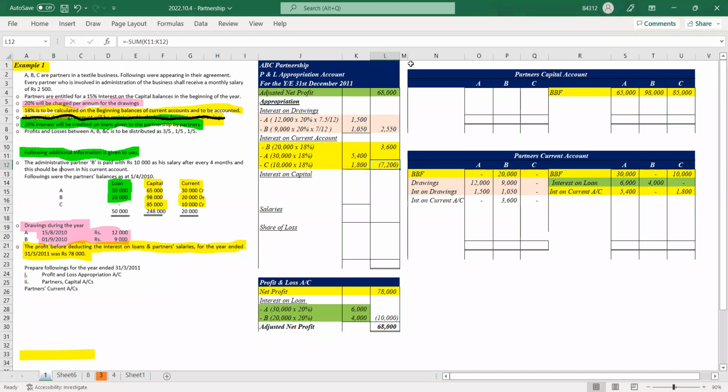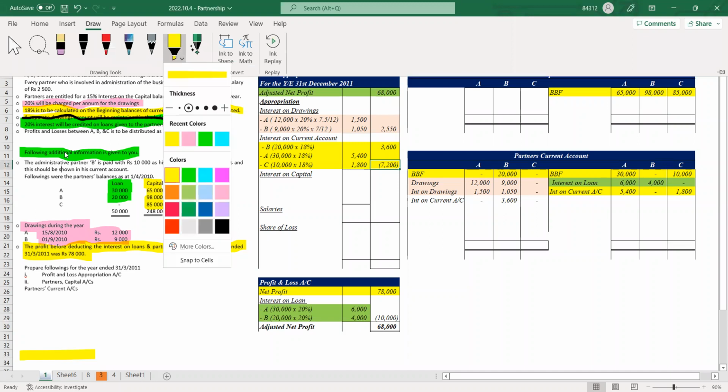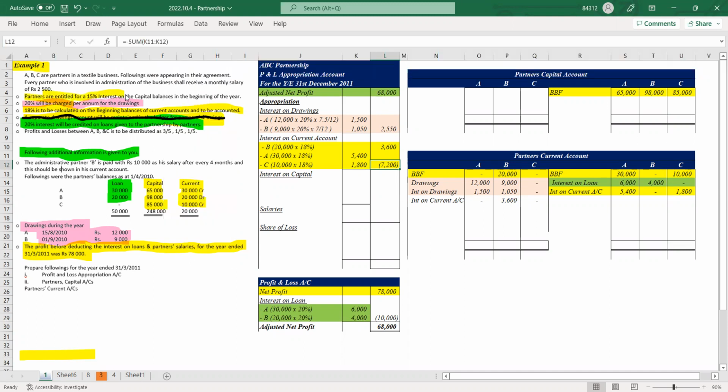Okay. So can you all do the interest on capital? Partners are entitled to 15% interest on capital balances in the beginning of the year. So beginning balances are given at the top.